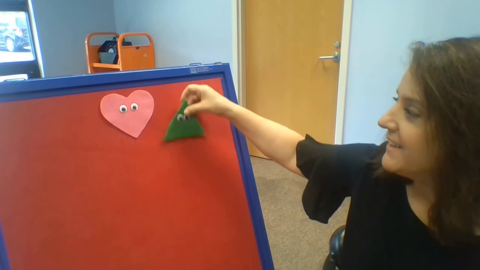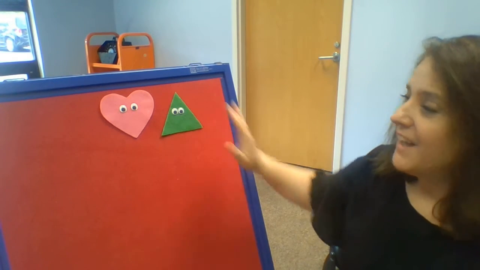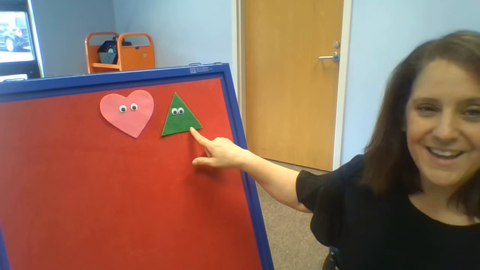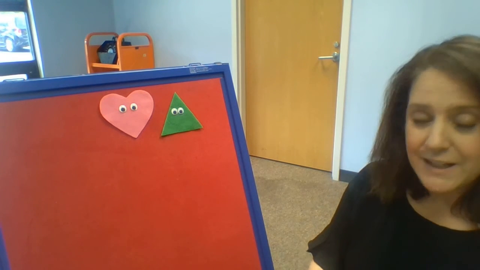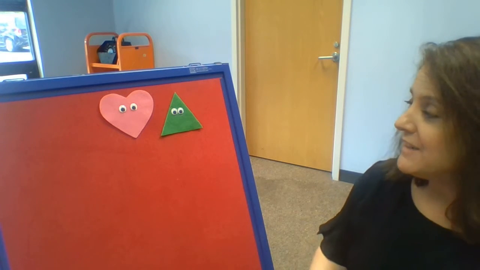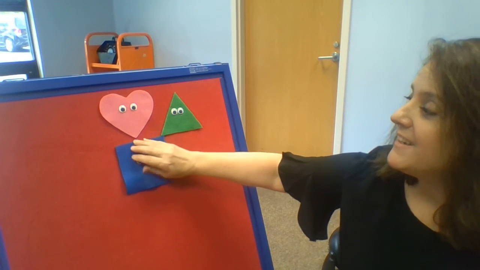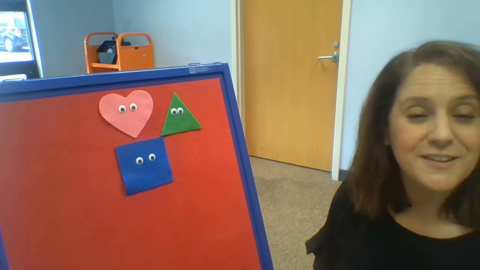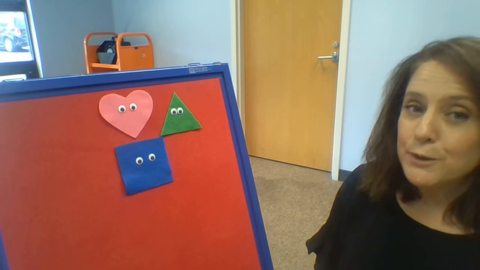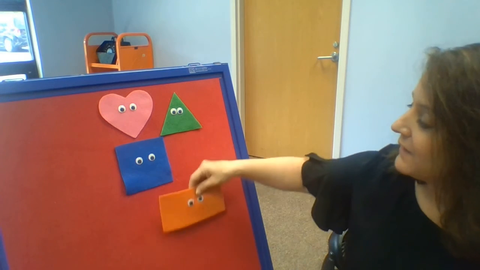I see a green triangle looking at me. Green triangle, what do you see? I see a blue square looking at me. Blue square, what do you see?